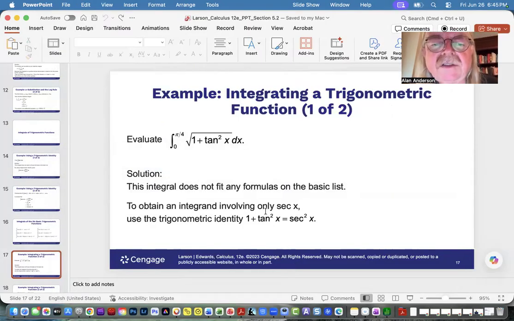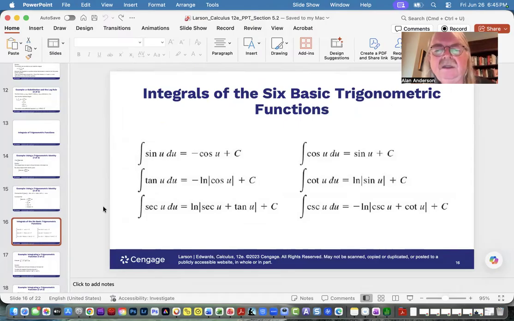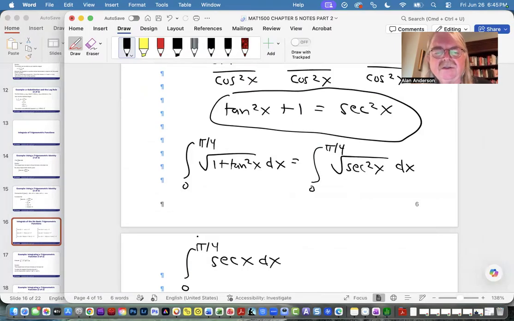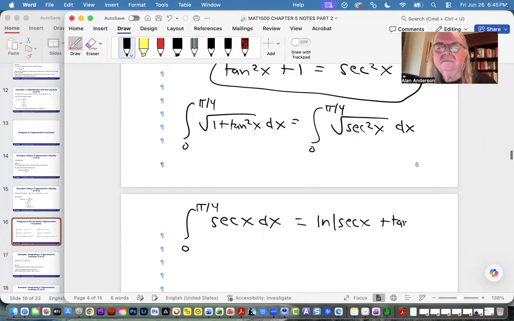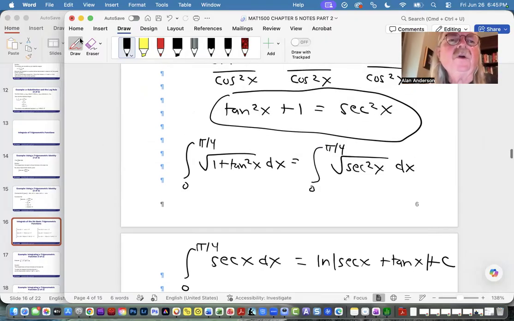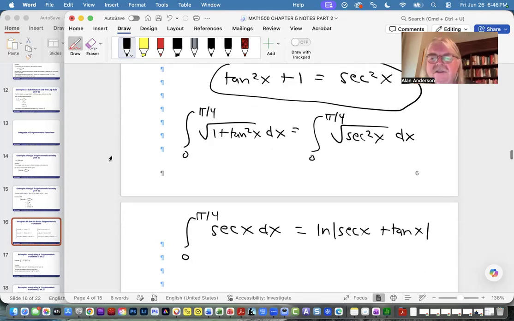And if you look at this list they gave us, what do you know? It's right there. So it's the log of secant u plus tangent u. In this case, u is x. And there we go. Oh, I almost forgot. We're evaluating this from pi over 4 to 0. So this is not an indefinite integral. It's a definite integral. So that means there's one more step.